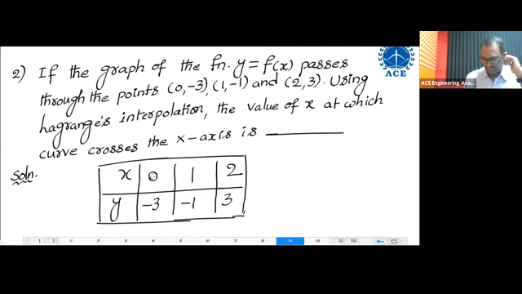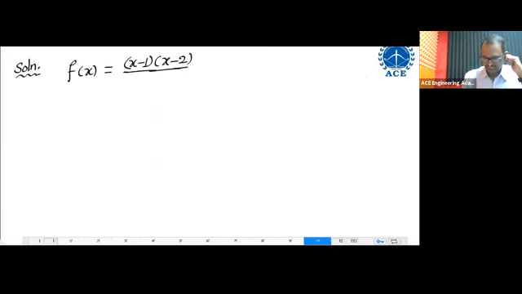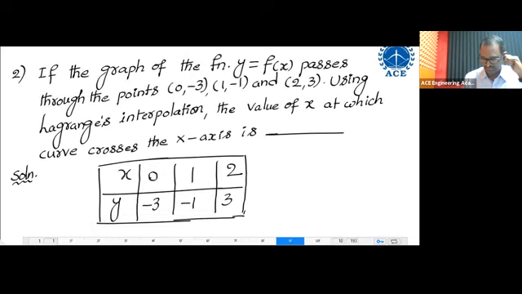Denominator, you are writing the first term, so first term minus second term into first term minus third term: 0 minus 1 into 0 minus 2, into the first y value.